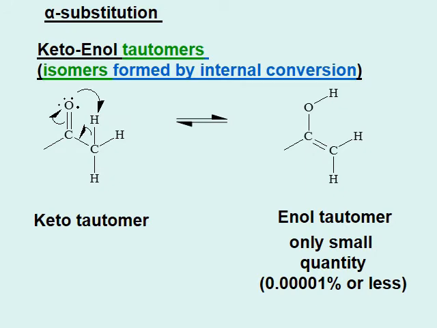Now in this particular case, you're seeing this carbonyl group, and next to the carbonyl group would be called the alpha location. If that carbon in the alpha location has hydrogen, then it would be called alpha hydrogen. Now these alpha hydrogens are more acidic than other hydrogens attached to carbon.